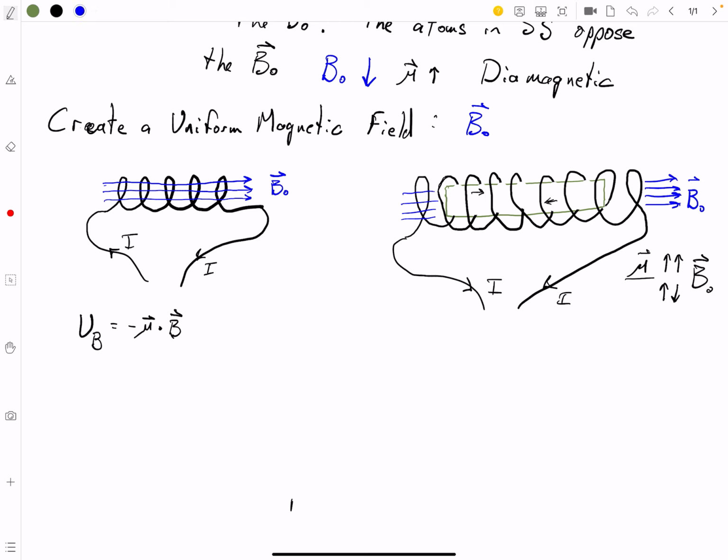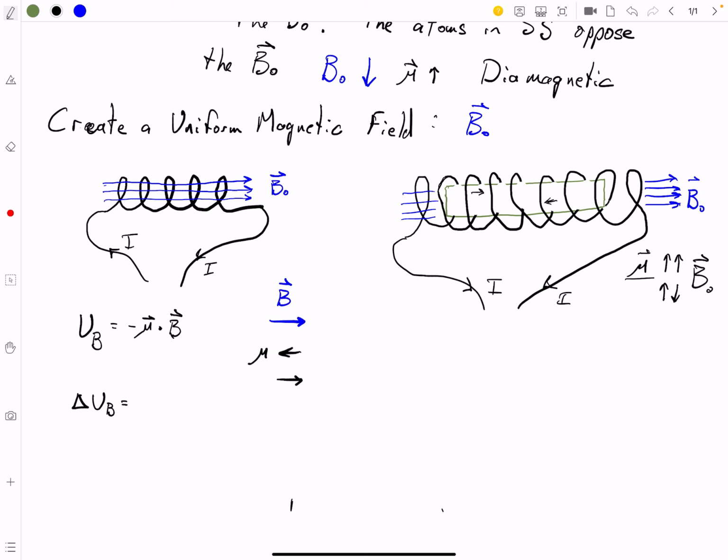So our B field could either be this direction. Well, of course, our B field is that direction. But our mu could be this direction, or it could be this direction. So our delta U_B, the maximum that it could be is twice, right?